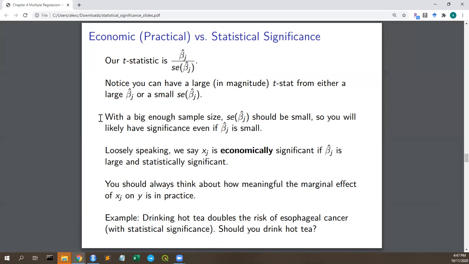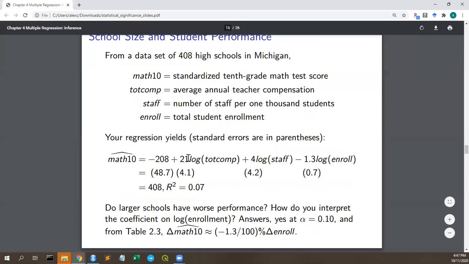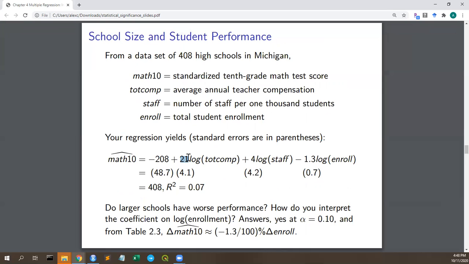So for example, if this was 1, but it was significant, it would mean a 1% increase in total compensation would lead to a 1% increase in the math score.